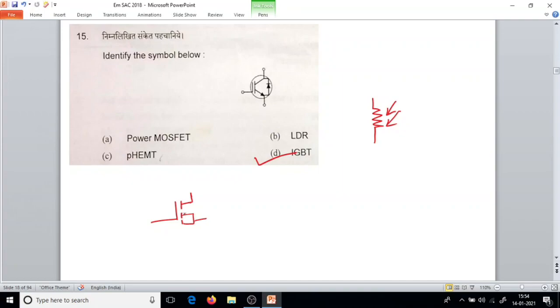From that arrow we can identify whether it is a P channel or N channel. If the arrow goes out, it is a P channel MOSFET. If the arrow comes in, it is an N channel MOSFET.